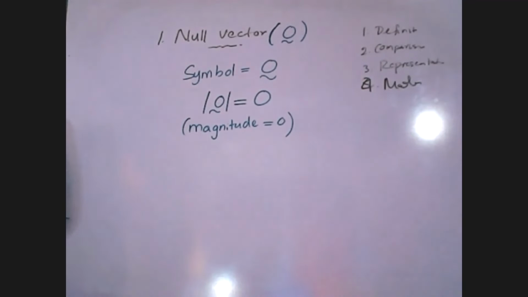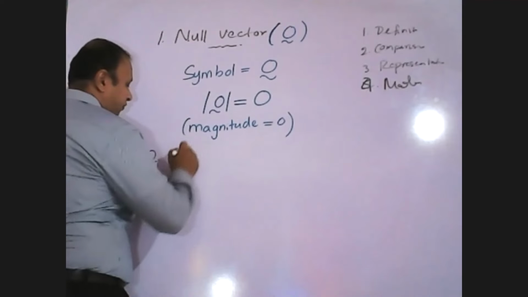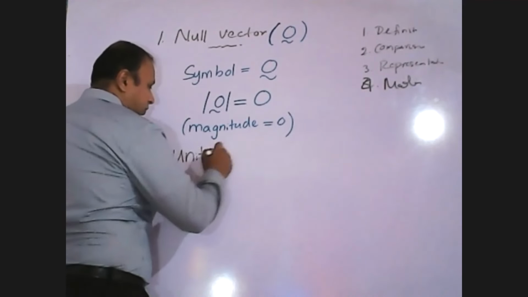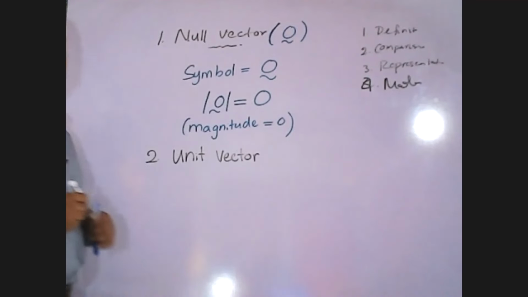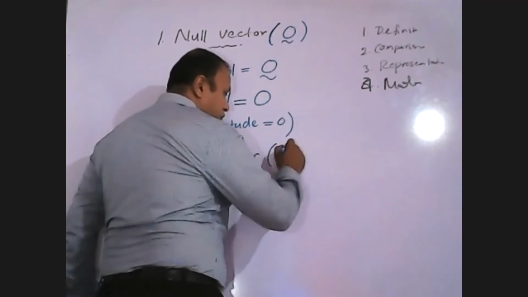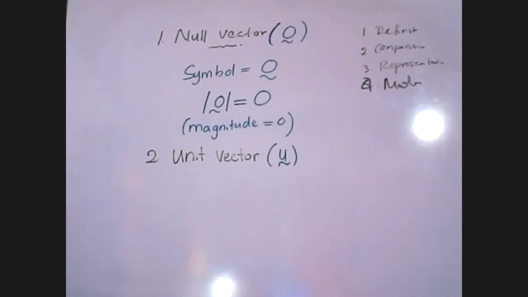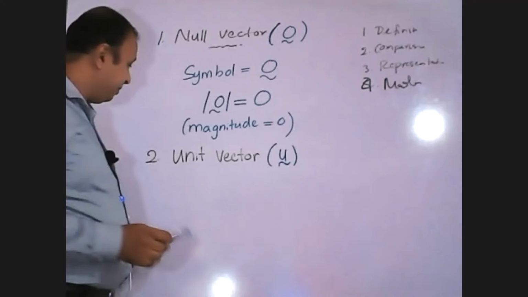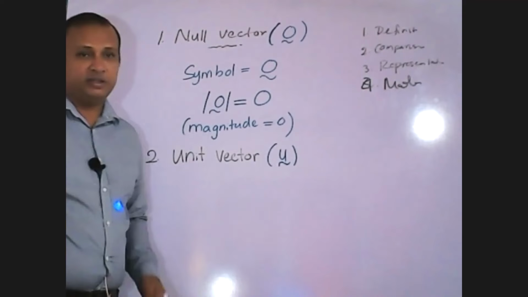The second special vector is the unit vector. The symbol of the unit vector is U. You can understand the features of the unit vector.